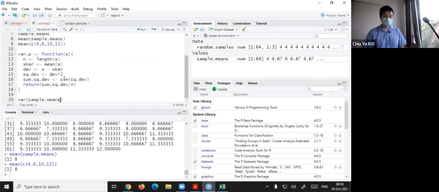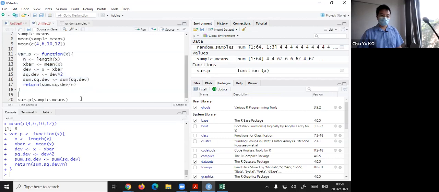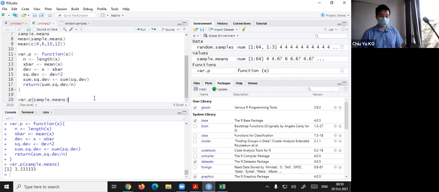What we're going to do is show you this. If you still recall, this is the population variance function. I want to use this function and apply it to calculate the variance of all potential sample means. It's 3.33.